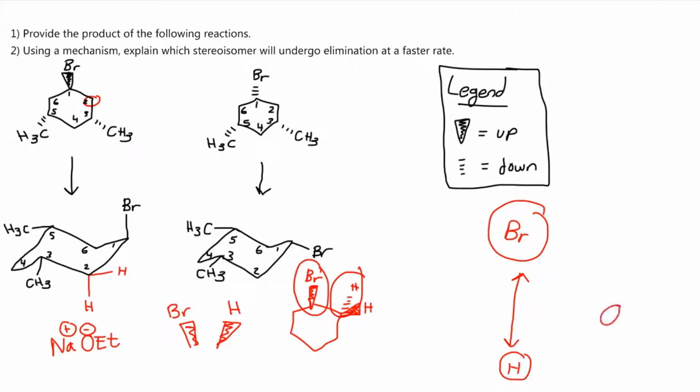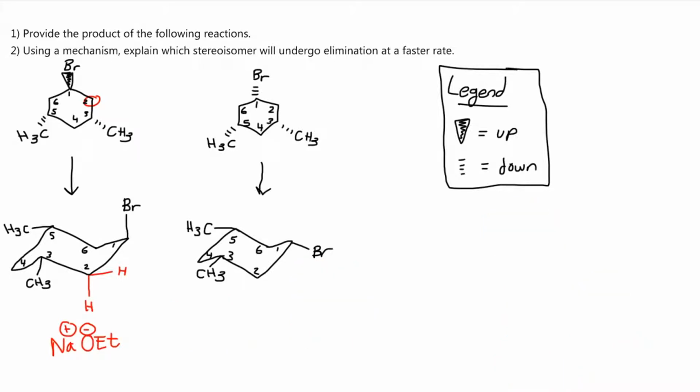So when this ethoxide wants to attack, it has easy access to the hydrogen and doesn't have that previous electronic effect of hitting the bromine and then getting repulsed by it. In fact, it could easily come through and just access this hydrogen. So keep this in mind when I go over the mechanism. Okay, so we've looked at the first molecule, and we've looked at both hydrogens, both this hydrogen and this hydrogen.